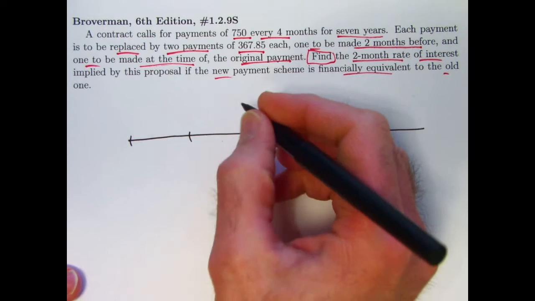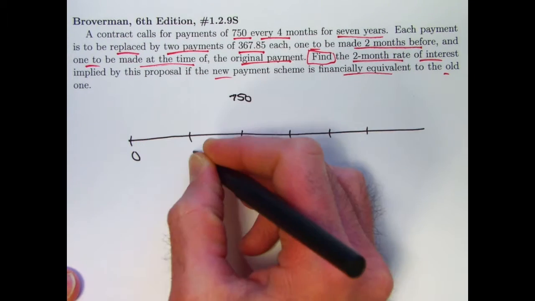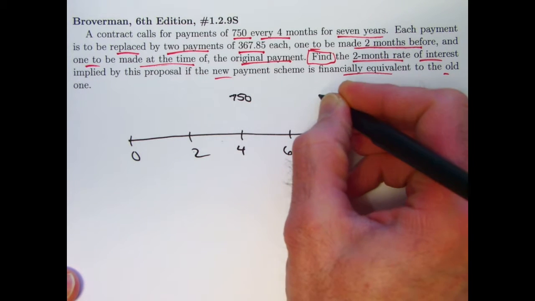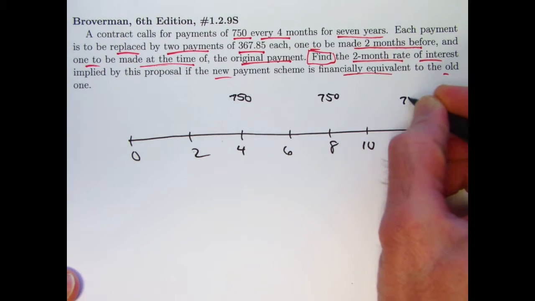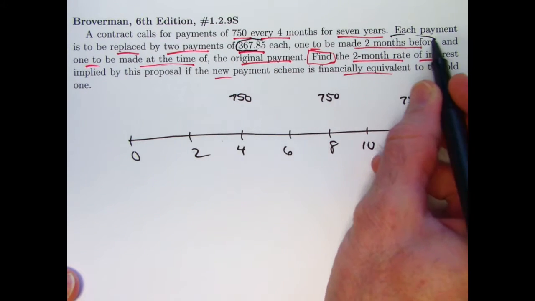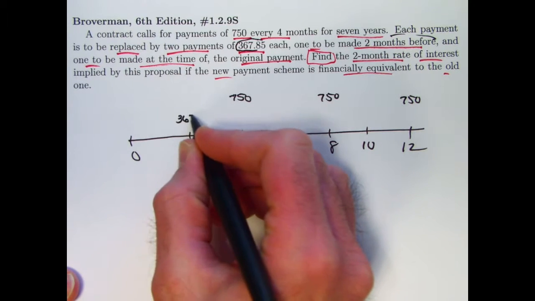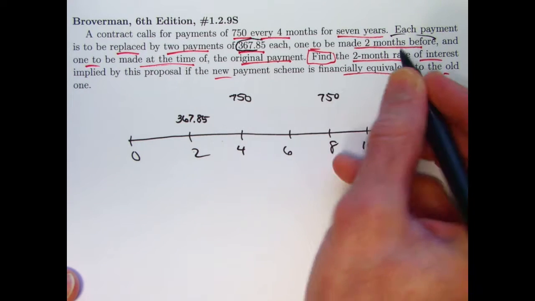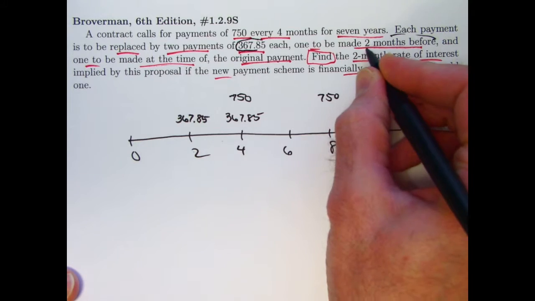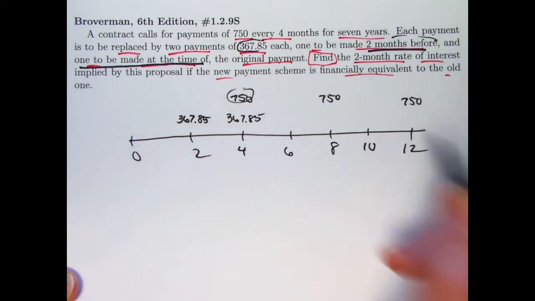And even if you decide you want your 750 to start at 4 months, and then the next payment at 8 months and 12 months, and then based on how this 367.85 is described, have my first payment of 367.85 at time 2 months and at time 4 months, because the first one is 2 months before and the second one is made at the time of this 750.